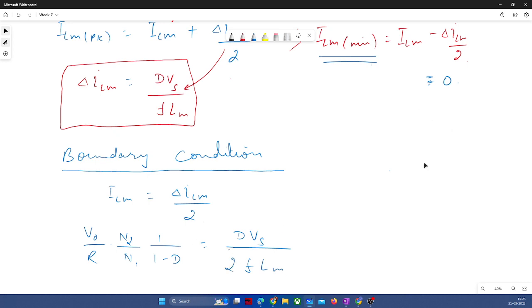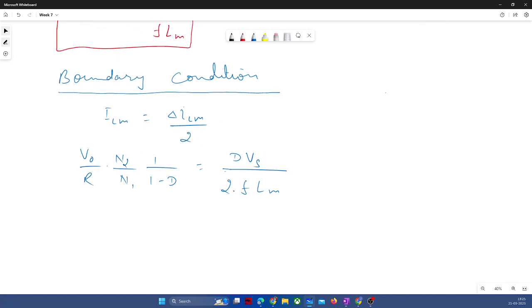So whatever value of inductance you will get from this expression, that Lm will be the critical value. That inductance is responsible for making the converter just continuous.